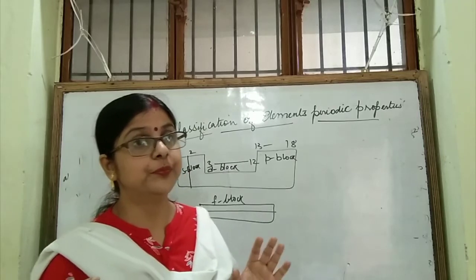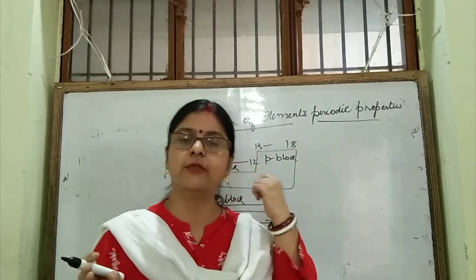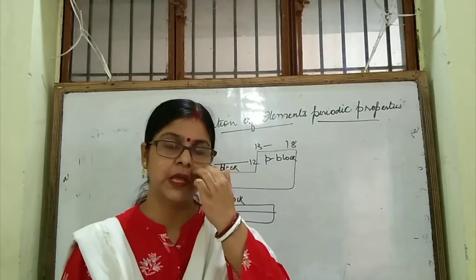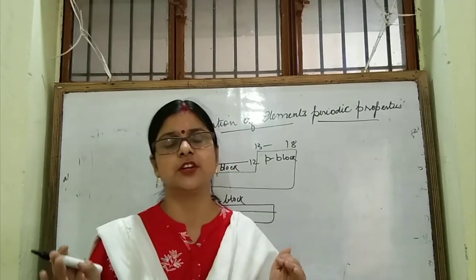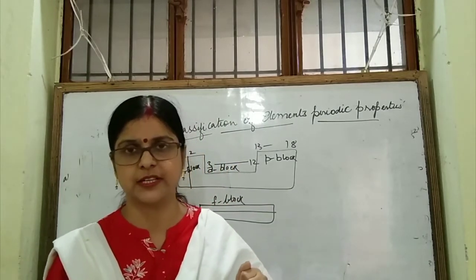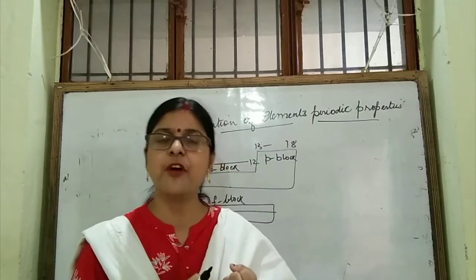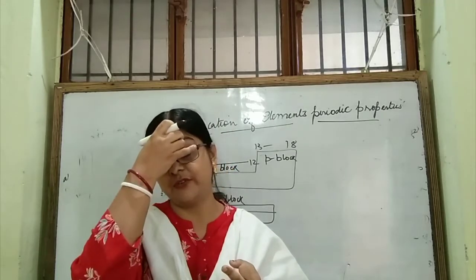So we all know that there were many lacunas, many limitations in Mendeleev's periodic table. Mendeleev arranged the elements in order of their increasing atomic masses. So there were many limitations. He could not define the position of isotopes. He could not define the position of hydrogen.